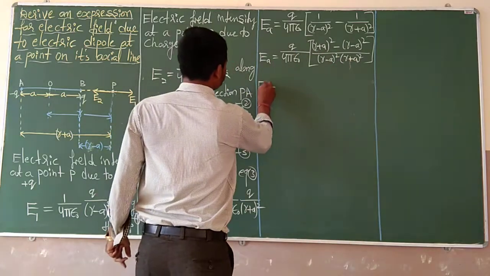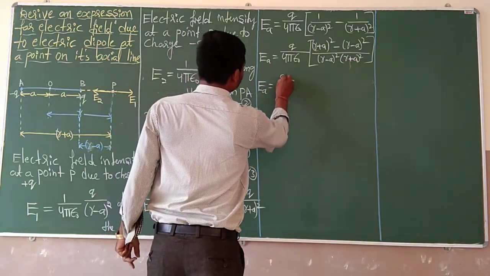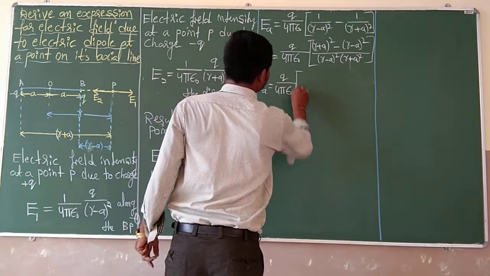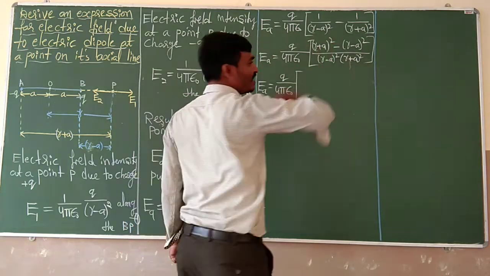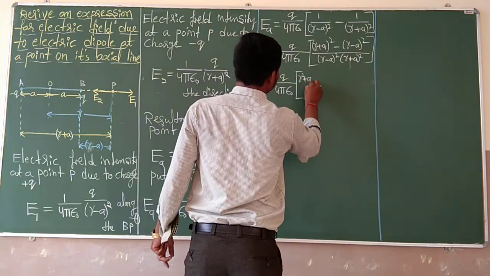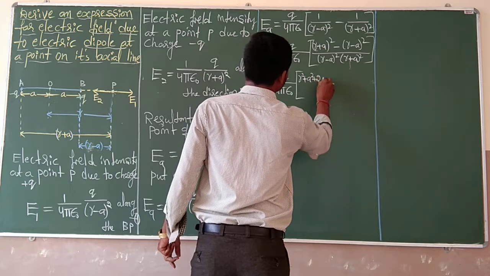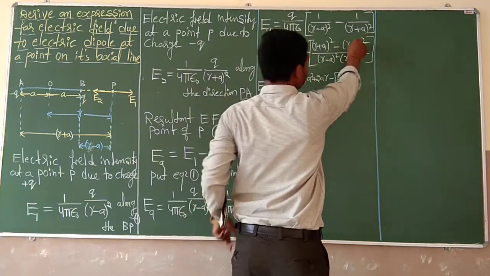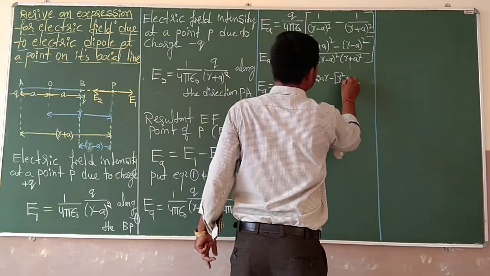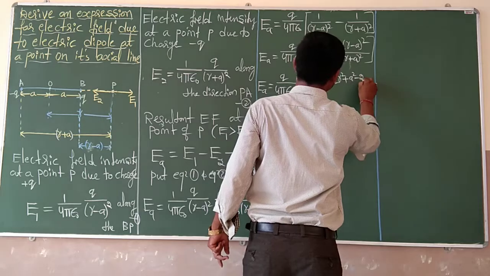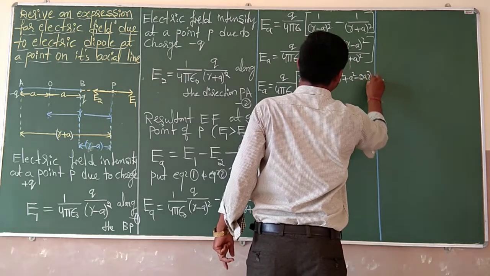Okay. EA is equal to Q divided by 4 pi epsilon naught, and expanding the (a plus b) whole square formula, r square plus a square plus 2ar, minus, keep this one as it is. Again we have to expand: r square plus a square minus 2ar.